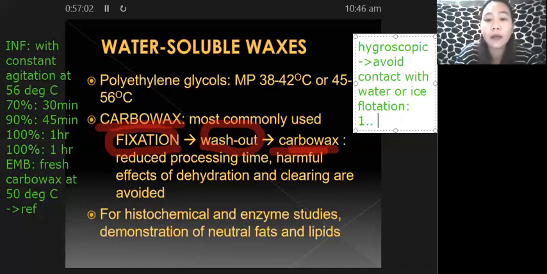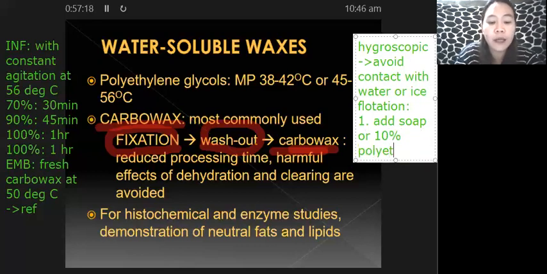Number one, you can add soap or 10% PEG. What does PEG mean? We have polyethylene glycol 900.